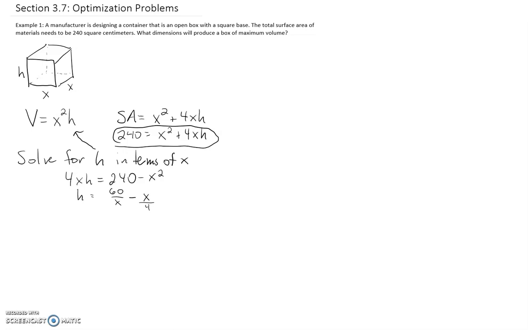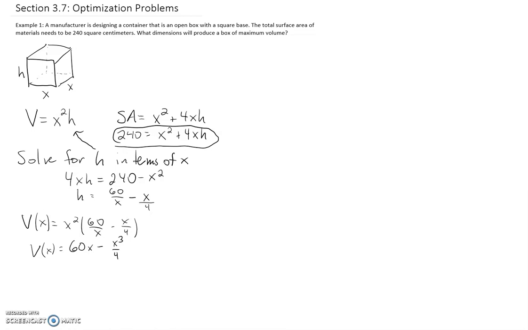All right, so now we have this as our formula for h, and we can plug it back into V. Now V is a function of only x: volume in terms of x is x squared times 60 over x minus x over 4. Distributing this in, our volume in terms of x is simply 60x minus x cubed divided by 4.